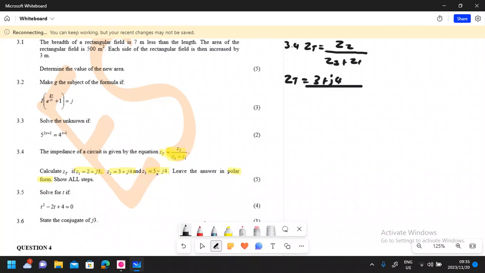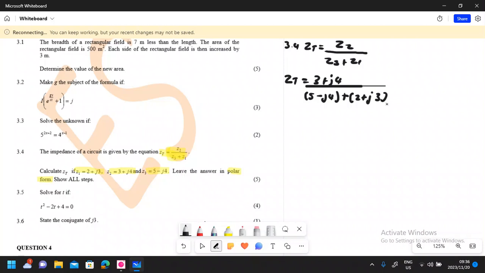Okay, and then what about the denominator? We have Z3 plus Z1. So Z3, if you look here, just put it in the bracket. Z3 is 5 minus j4 plus Z1. So Z1, you put it in the bracket as well. It's gonna be 2 plus j3. Okay, so this is how you do this one, guys.